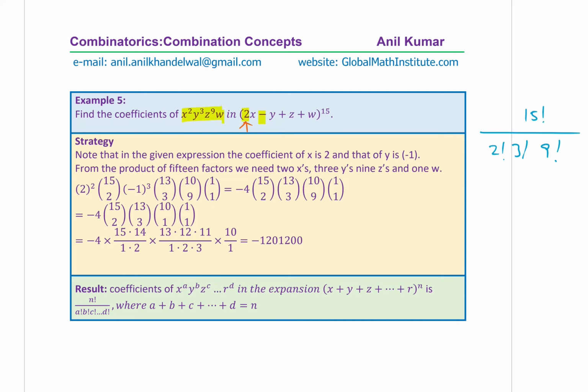That 2 is going to add up, and we are using x square. That means we have a factor which is 2 square also as a part of the coefficient. And for y, we have negative and y degree is 3. So we also have minus 1 to the power of 3 multiplied to it.